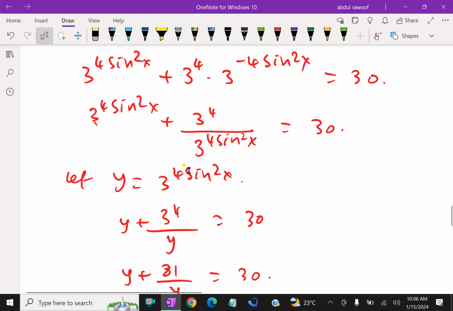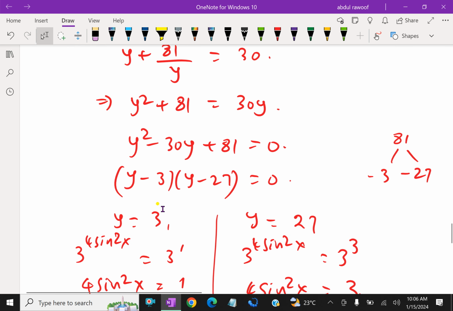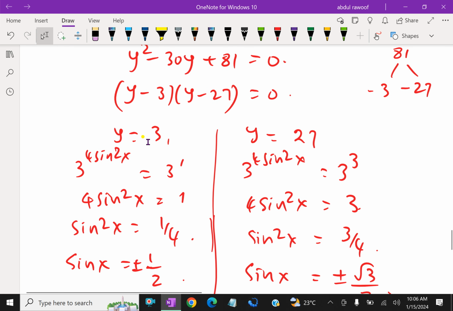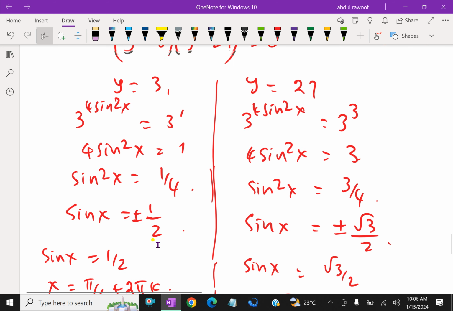We let y equal 3 power 4 sin squared x, so it becomes a quadratic equation in terms of y. By factorizing, we got y values 3 and 27. Substituting, 3 power 4 sin squared x equal to 3, which is 3 power 1, then we got sin x equal to plus or minus half.